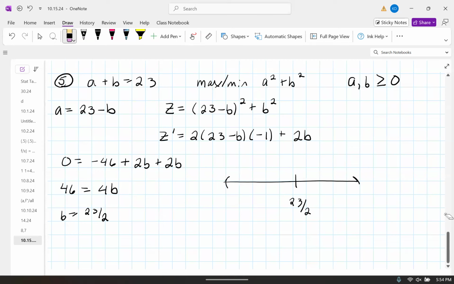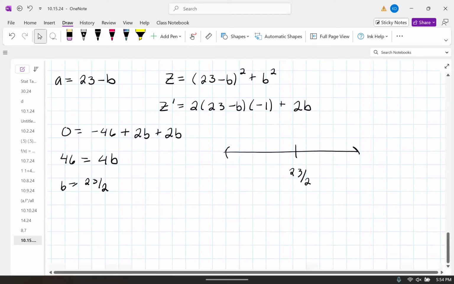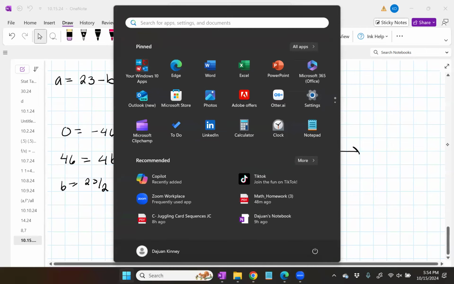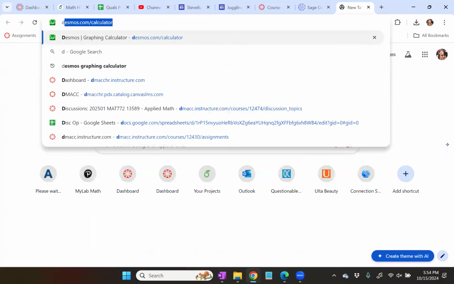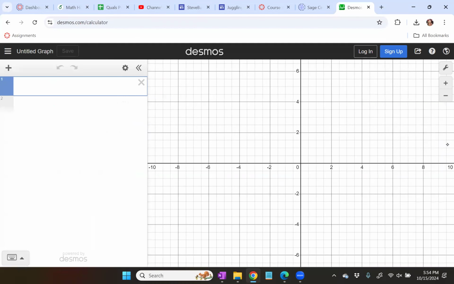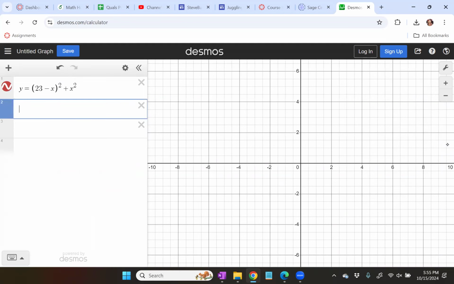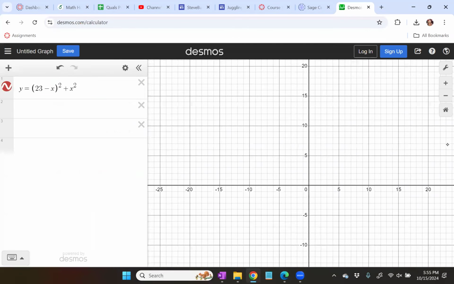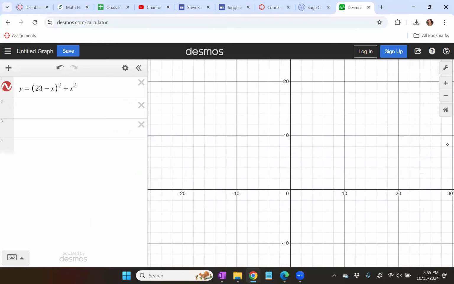So what does this look like? Actually, you know what? Desmond's time. I don't want to draw it. Z equals (23 minus x) squared plus x squared. Oh, you want a y, don't you? Fine. Where'd you go?